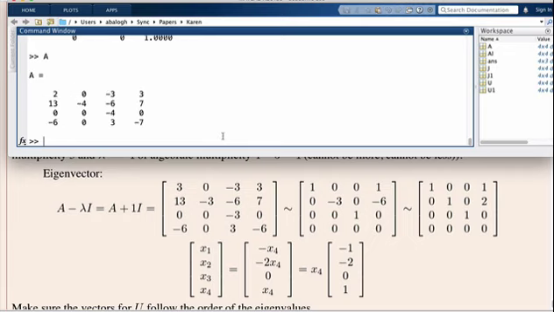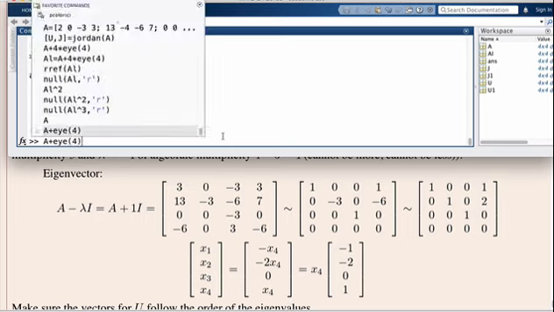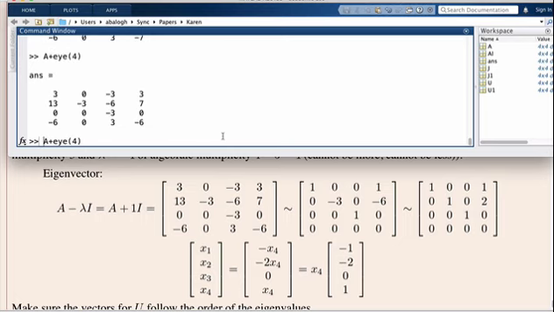So A is the original matrix, and we need A plus 1 times I of size 4 by 4. Then we need the null space of this. And we get -1, -2, 0, 1.